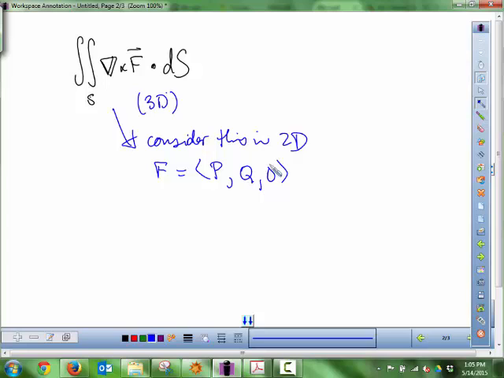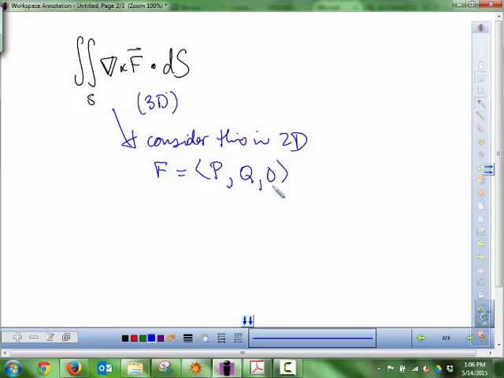So I'm confused because how can you consider it in 2 dimensions when you have a plane, but your area vector is going to be perpendicular? So it's going to be automatically in 3 dimensions. Yeah. Okay.